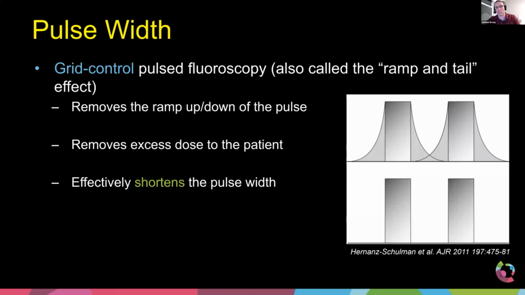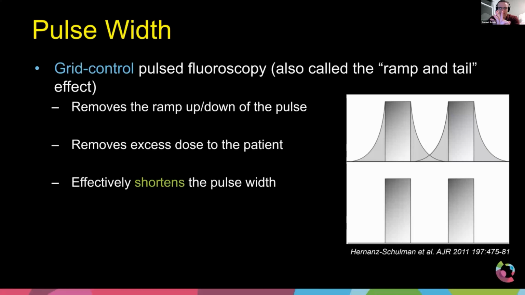But a lot of the new modern systems will have what's called a grid control, where the actual cathode, when you turn on the system, will turn on and stay on. So there's actually electrons boiling off constantly, but they have various magnets and other ways to keep the electrons at the cathode side. So you basically have a magnet shielding the electrons from leaving the cathode.